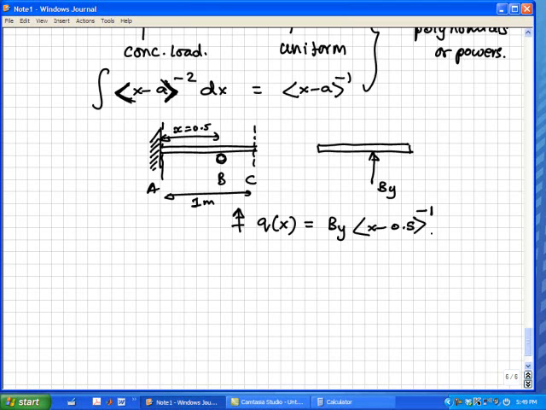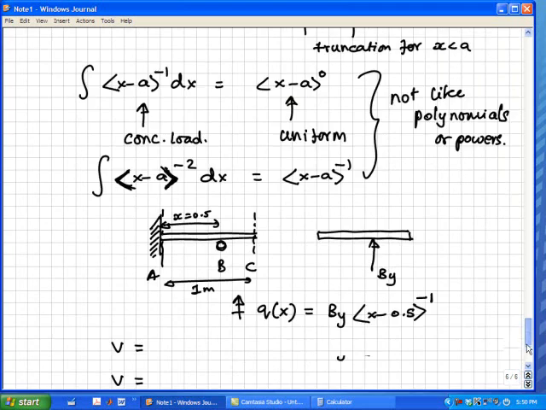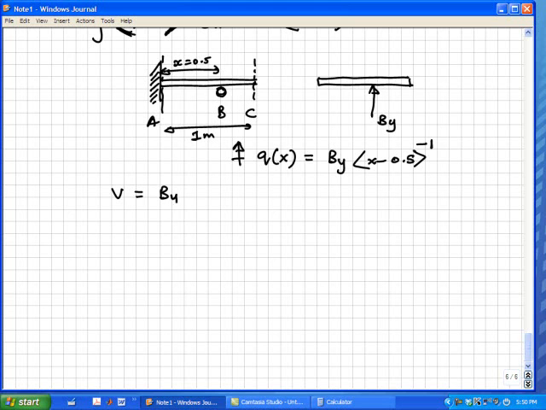That's all. Now we are back in business. What do I mean? Now we integrate this, and if you integrate the concentrated load, you get <x minus a> to the power 0. So you will get By times <x minus 0.5> to the power 0 plus V naught. Remember, don't forget the constant of integration. M is the integral of this.